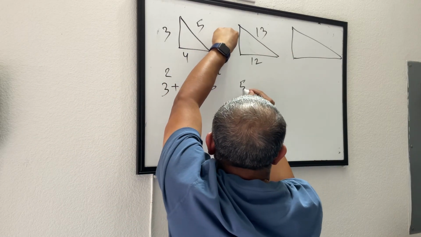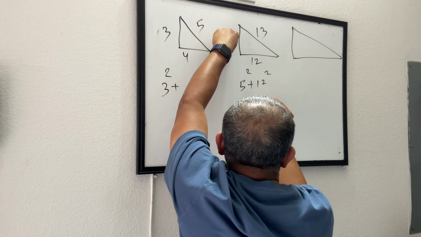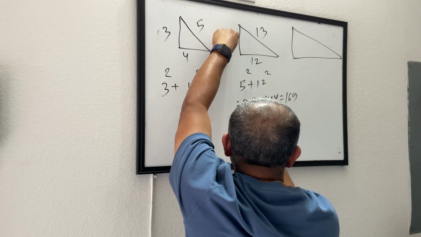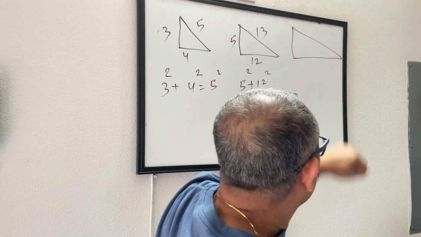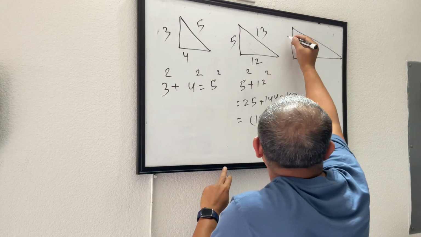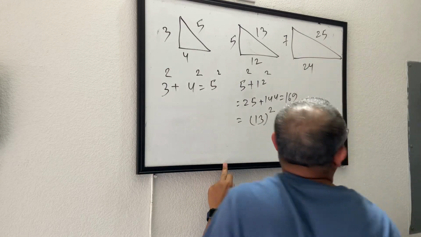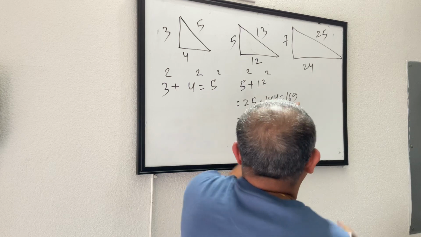So 5 square plus 12 square. 5 square is 25, 12 square is 144, which equals 169. And 169 is nothing but square of 13. And what is the third one we want? 7, 24, 25. Let's check that also.